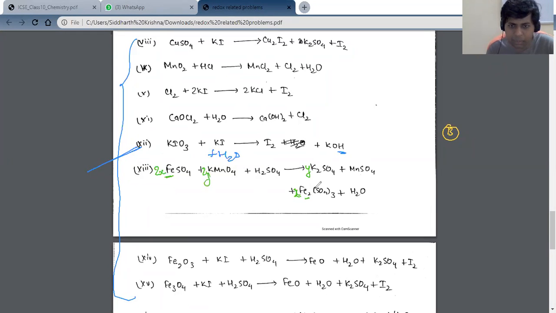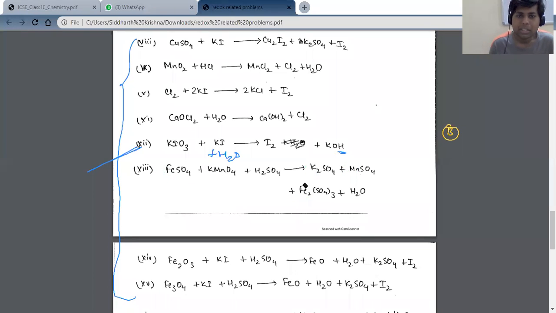And as soon as this is 2y, Mn becomes 2y, and the only source of Mn is this, so this will be 2y. Sir, can you repeat once? Who is asking this to repeat? Ashmita. Okay, so once again I'll clear this.